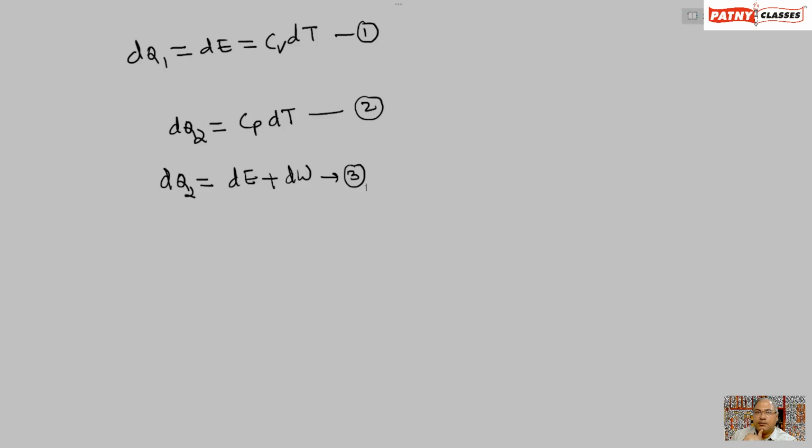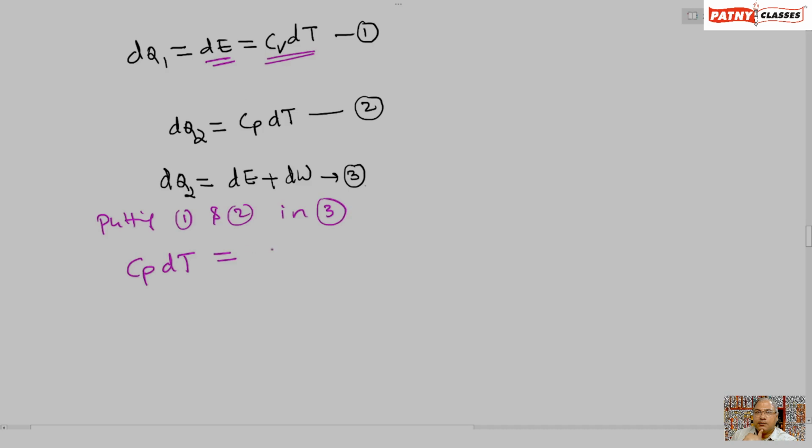Now, combining all three equations, putting the values of equations 1 and 2 in equation 3. So dQ2, which is Cp dT, equals dE, which is Cv multiplied by dT, plus work done.